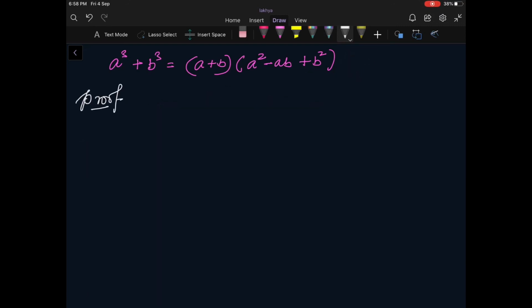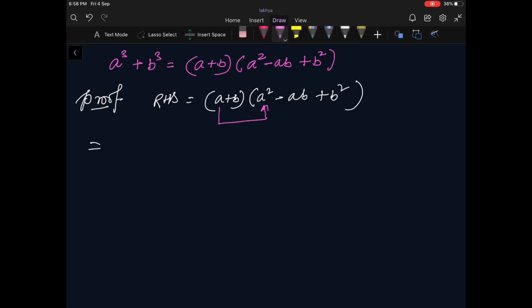So now let us prove this identity. How to prove this? In order to prove this, let us take the right hand side: a plus b into a square minus ab plus b square. Now let us multiply these two expressions. How to multiply?